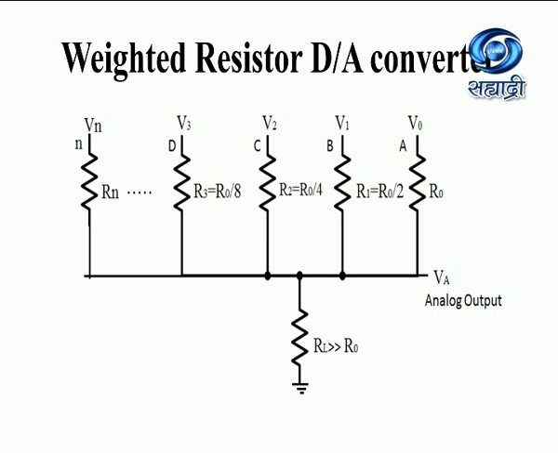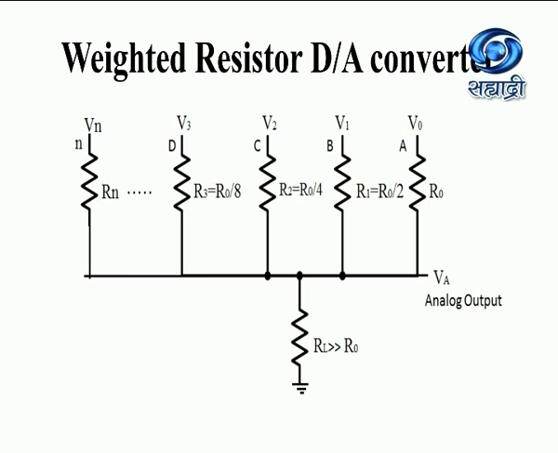For V0, V1, V2, V3, we can apply the same voltage as logic 1 or logic 0. When we apply this voltage to this resistive network, current passes through R0. Then the R1 value is always half of the previous resistor, that is R0 by 2. So if you calculate the resistor value by using positional weight, each resistor has half of the previous resistor value.